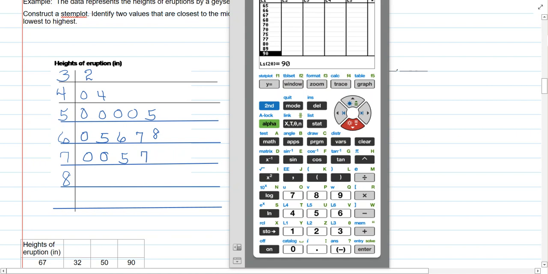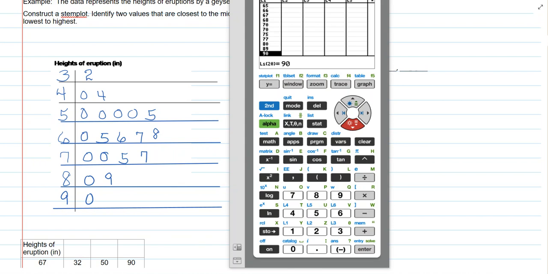And now I'm in my 80s. I have an 80, an 89, and I have 190. All right, so I have entered all of my data, and hopefully I did not mess up and get the wrong digit in.